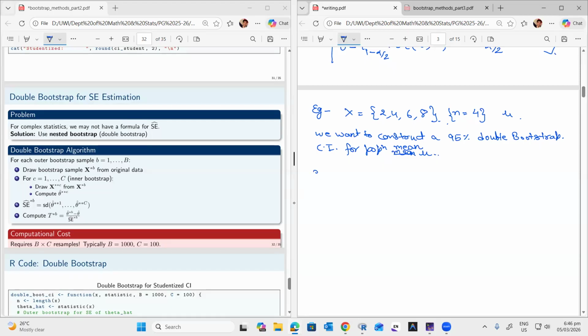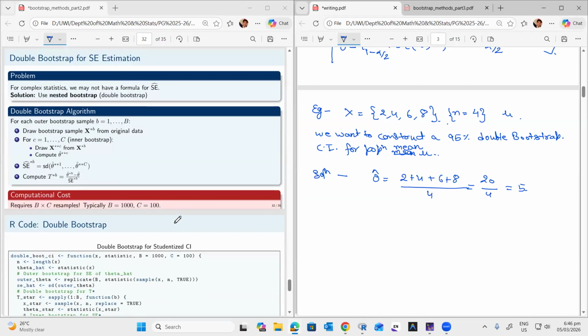Theta cap is basically 2 plus 4 plus 6 plus 8, divided by 4. What is the total? 20 upon 4, so that means 5. 5 is my sample mean.